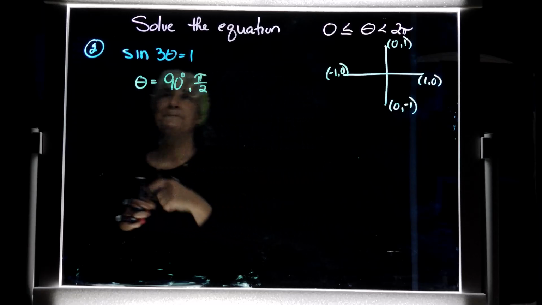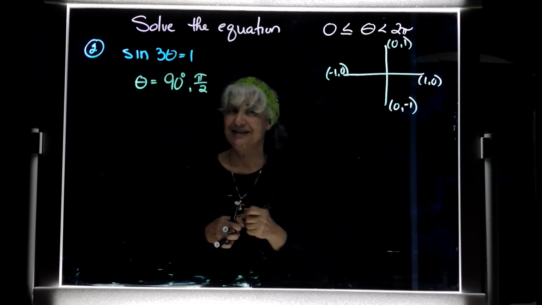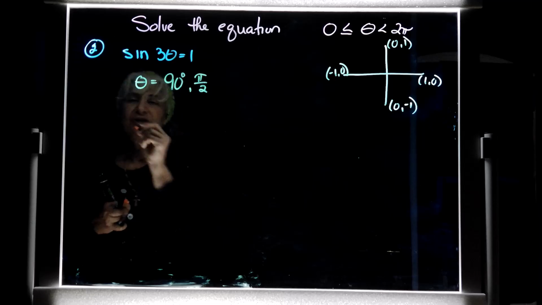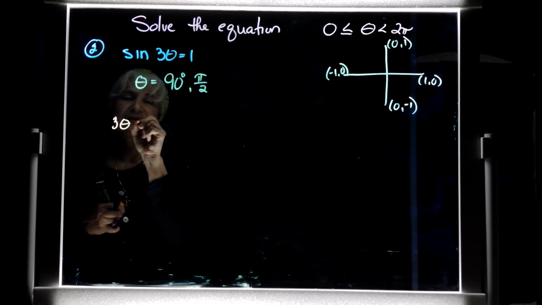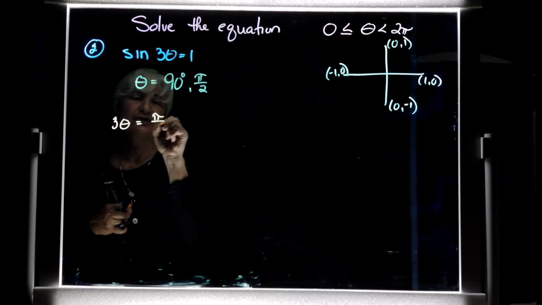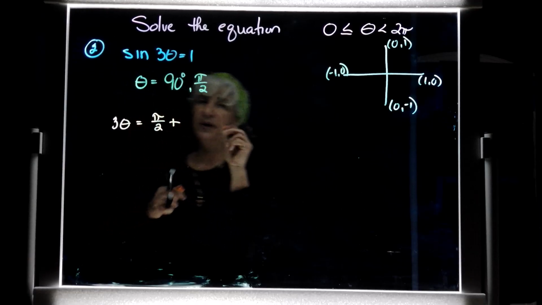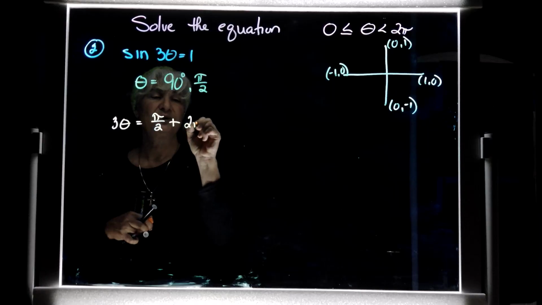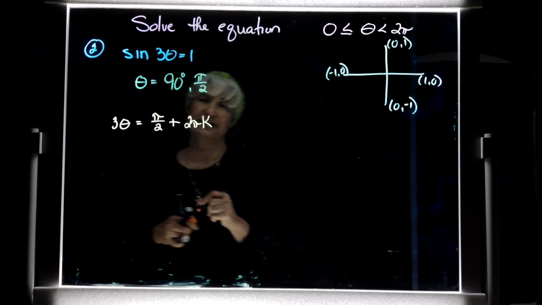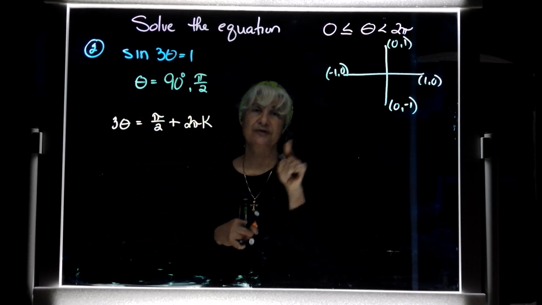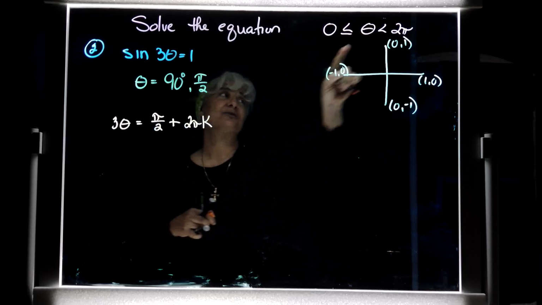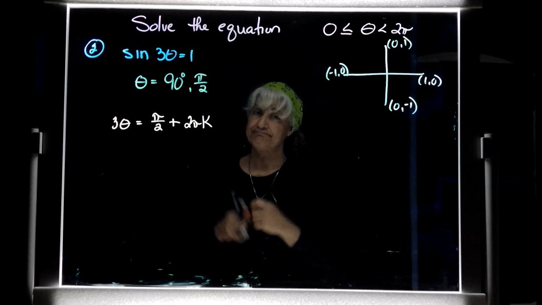All right, but there's that 3 in front of it, isn't there? Yes, we have to compensate, which means 3 theta is not just equal to pi over 2, it's equal to pi over 2 plus 2 pi k. How many times around the circle can I go and still have theta remain in that restriction?